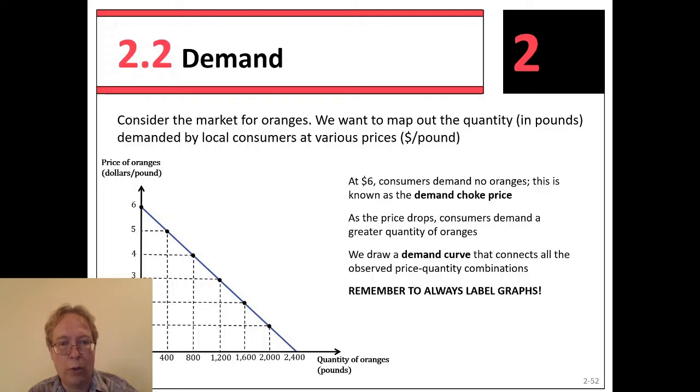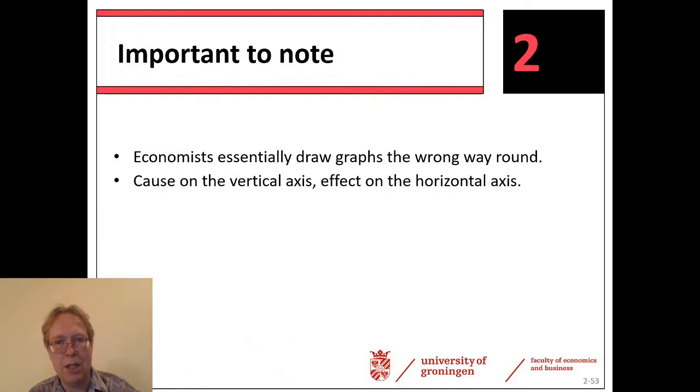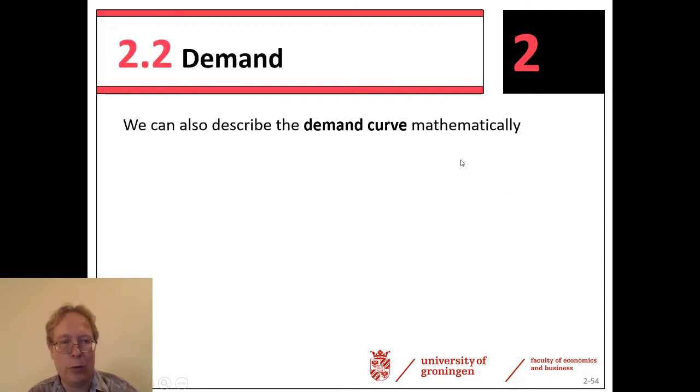So, in other words, demand is a function of price, yet I do have price on the vertical axis and demand on the horizontal axis. So that's a bit weird. Essentially, Marshall started that in 1870, and nobody has bothered to change that since. It has some advantages, by the way, but for now it's good to remember that. We have the cause on the vertical axis and the effect on the horizontal axis.